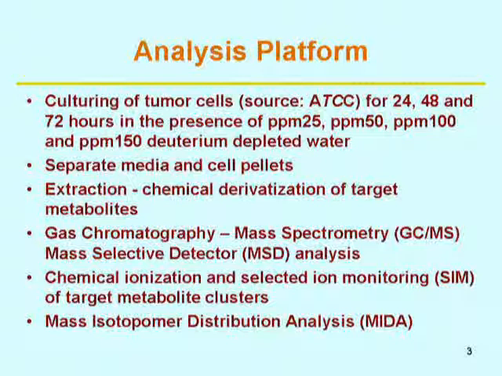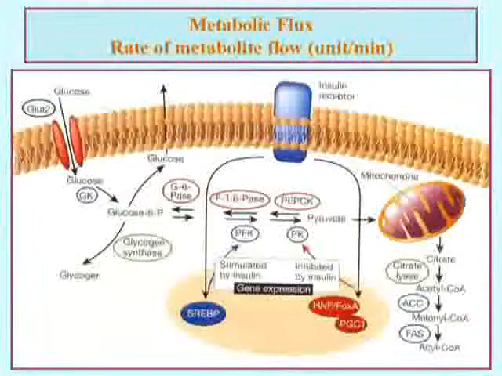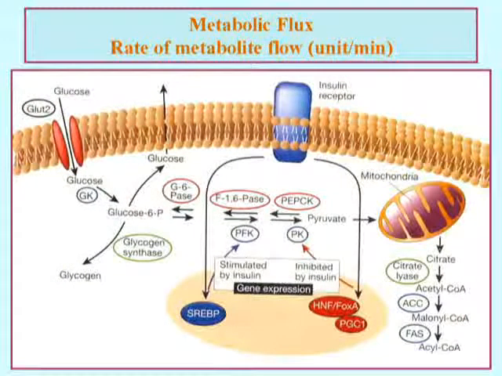We use chemical ionization as well as electron impact ionization in some metabolite analysis. We were selectively monitoring certain ions of these target metabolite clusters, and then we determined the mass isotopic distribution in these products of glucose metabolism. Our primary interest is to find out, and this is the scheme that shows you how the technology works.